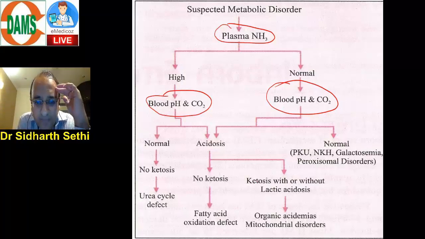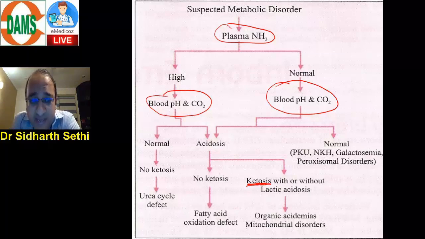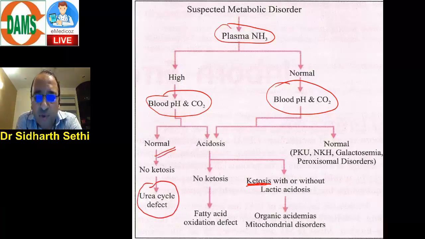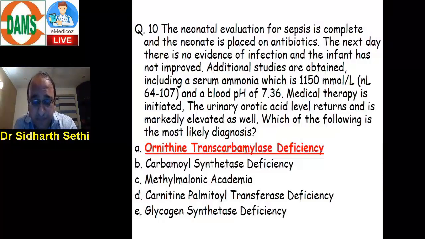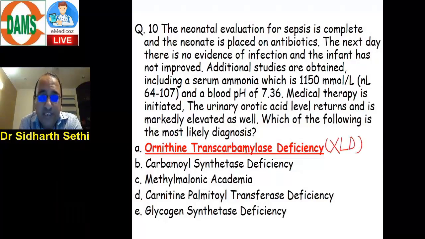We look at the ammonia, the blood pH, and ketones. If ammonia is high and they have respiratory alkalosis, think about urea cycle disorder. And remember, all of you, the most common urea cycle disorder is the X-linked OTC deficiency.